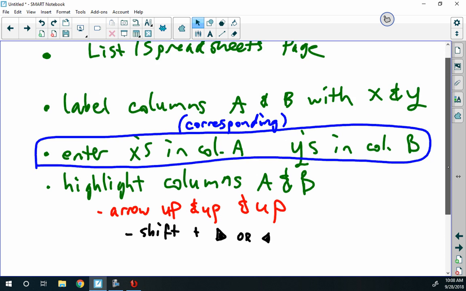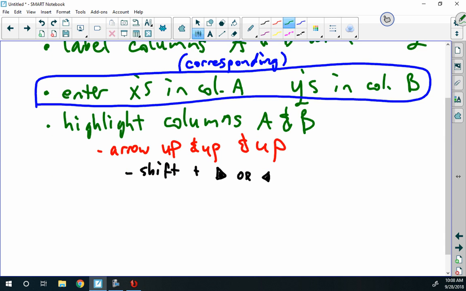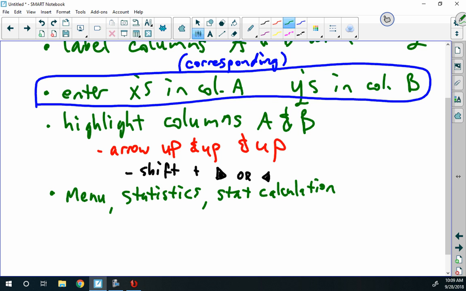After you've highlighted the columns, you're going to go menu, and after you press menu, you'll go statistics, and then stat calculations.